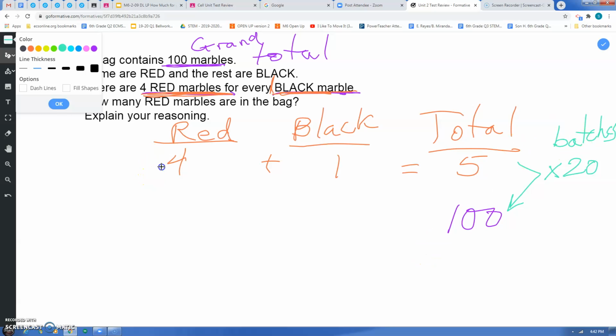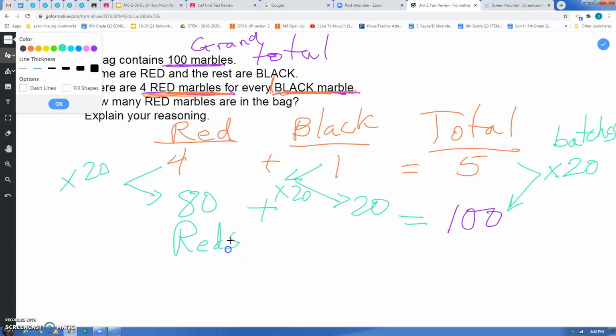So, multiply by 20 here. 4 times 20 is 80. Same thing here. Multiply by 20. 1 times 20 is 20. So if you add them up, it does give you 100. So how many reds? 80 reds. How many black?